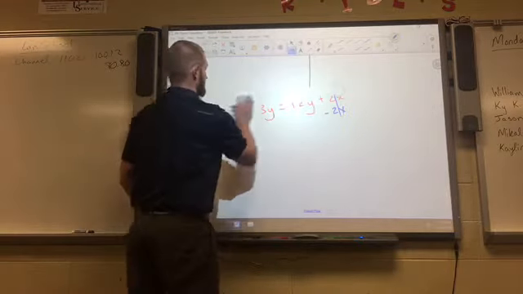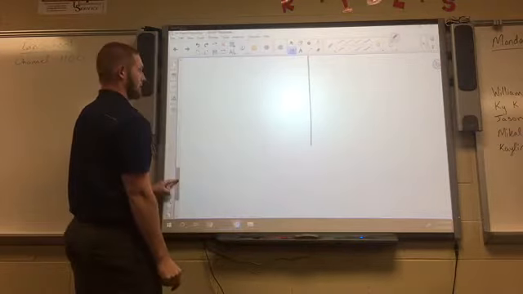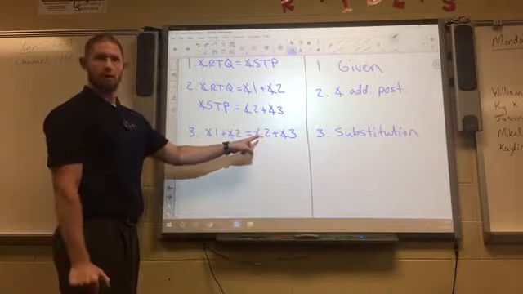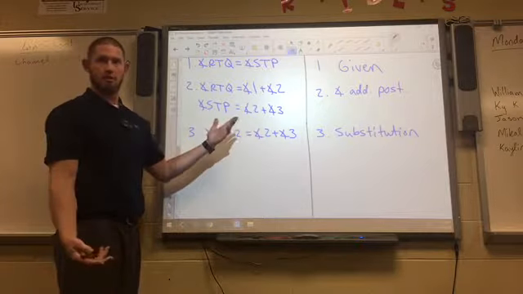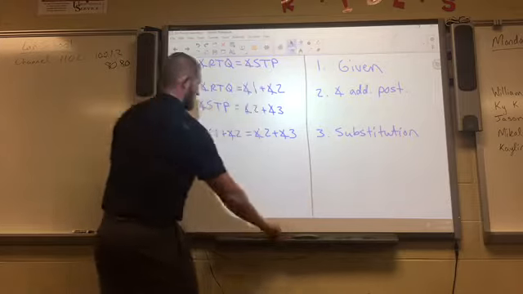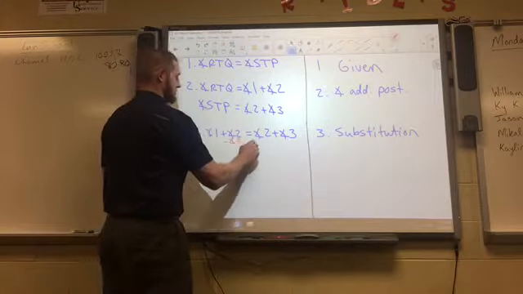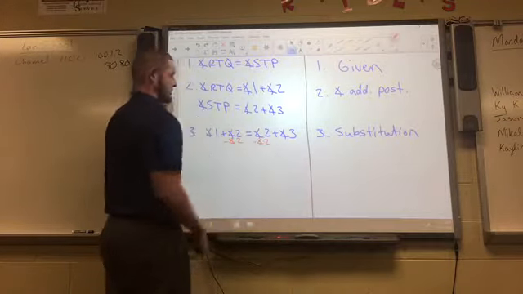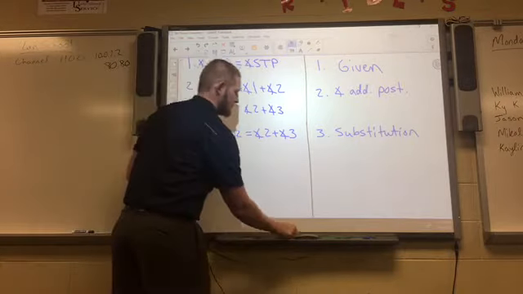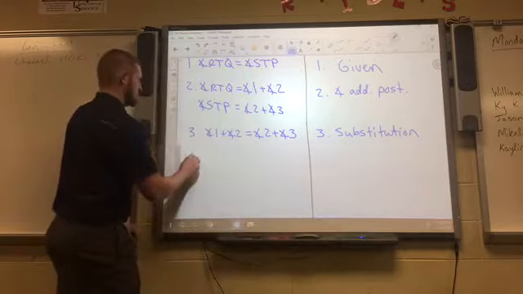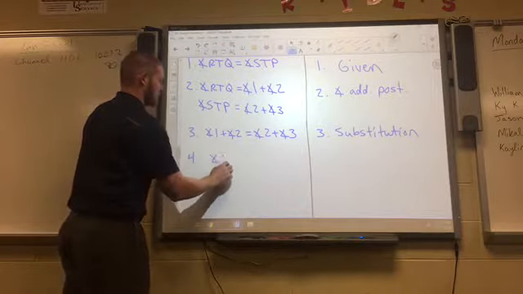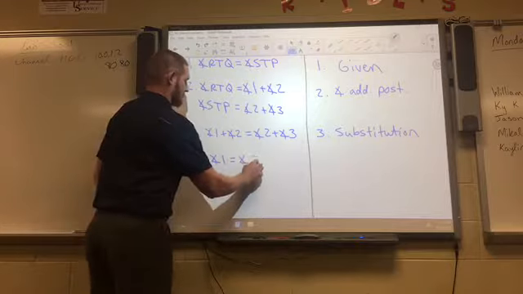So what happens up here if I subtract angle 2? They just disappear, right? Since it's the same on both sides, I can just subtract angle 2, and it's just going to go away, right? Exactly. So now, once I subtract that, I have that angle 1 is equal to angle 3.